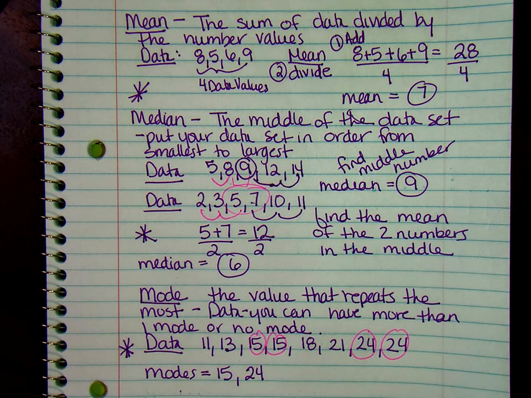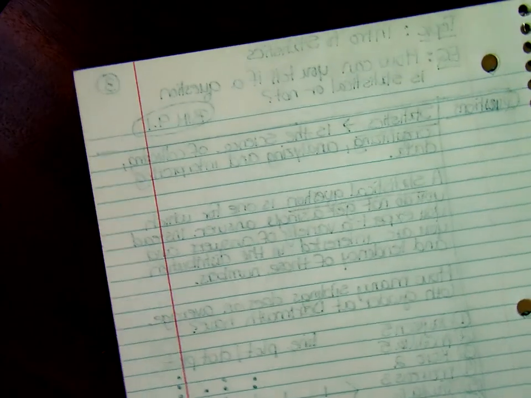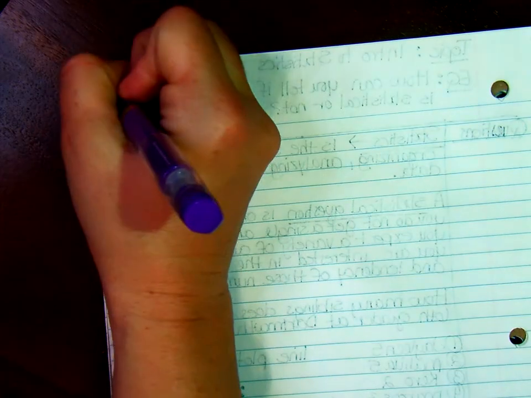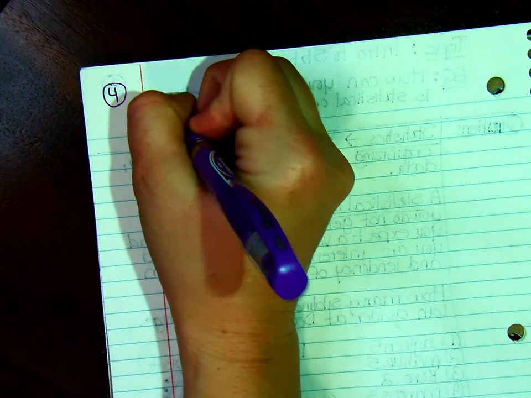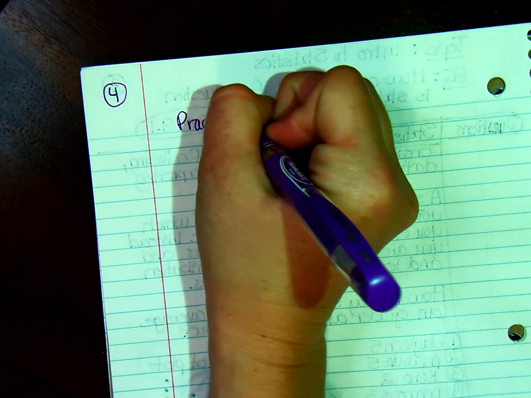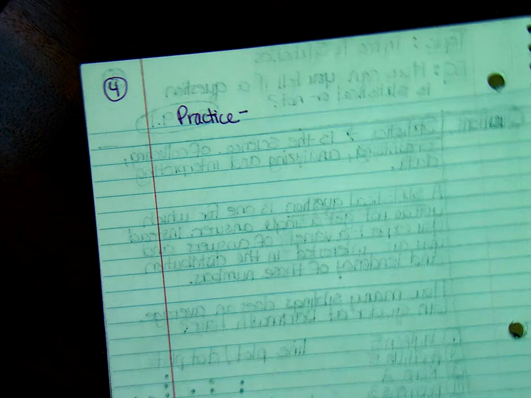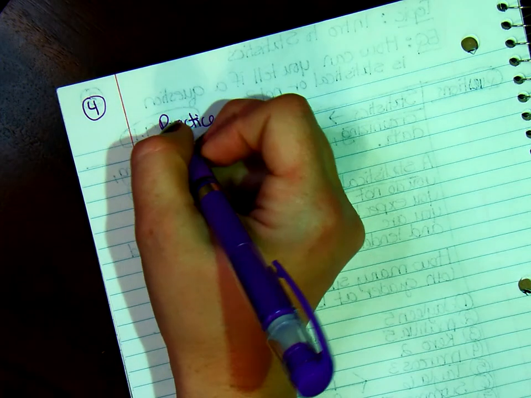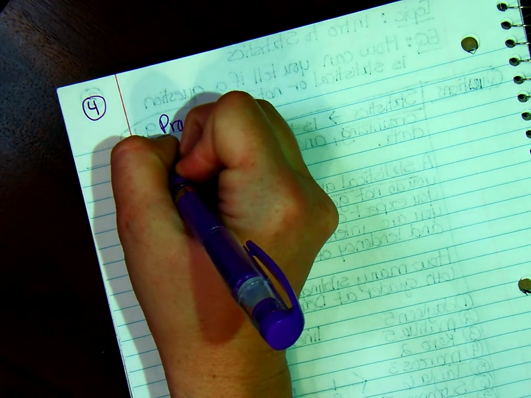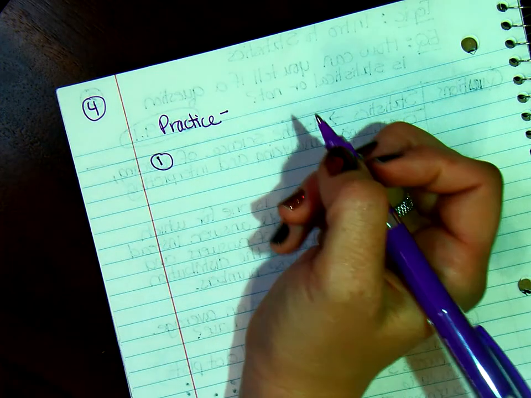Let's do a practice, shall we? I'm going to go to page 4. For today's proof that you took these notes, all you have to do is submit this answer in the form of a screenshot, or you can give me the answer. Question 1. Find the data value.